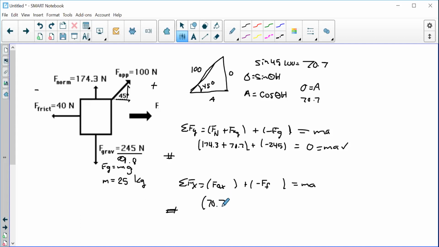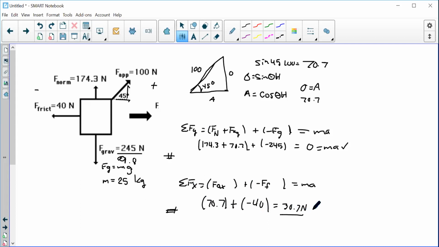There we go, that's easy to read. And then plus to the left, what do we have? Well, we have 40 newtons of friction again. I think that's what we had in the last problem. So when we do this math, we're going to find 70.7 plus negative 40. It's going to take 40 away from that 70.7. We're going to find this to be 30.7 newtons.